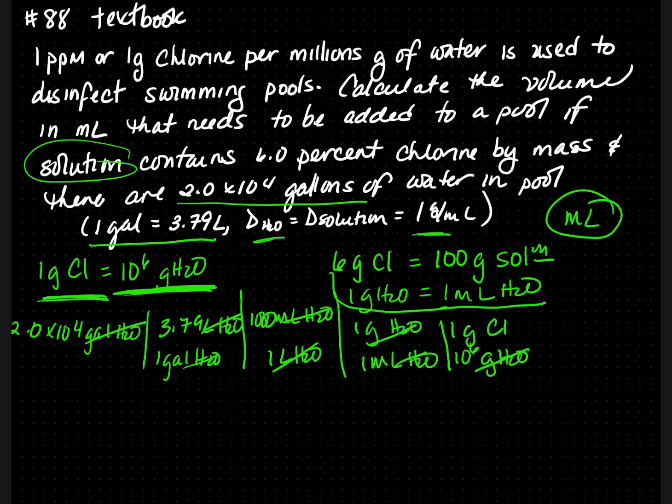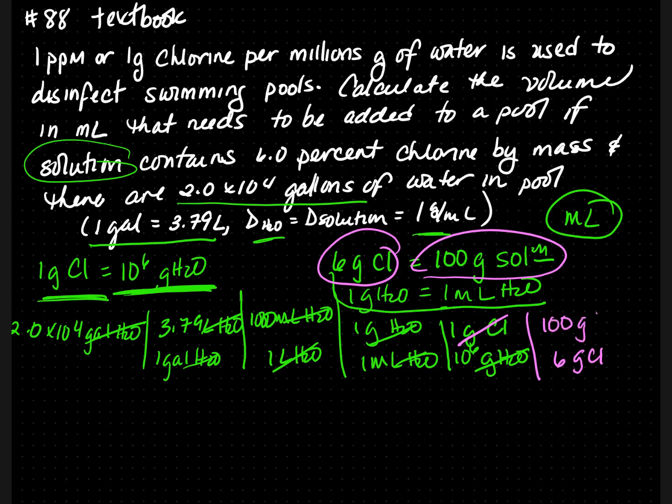So I come here, where is the gram of chlorine, to solution. It's a gram of chlorine, there's 6 grams. This is 100 grams of solution. The grams cancel out. But now we are at grams of solution, and we want milliliters of solution.